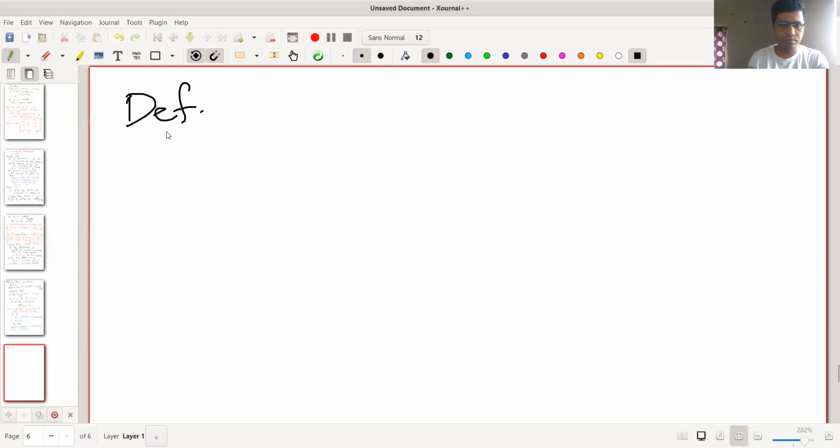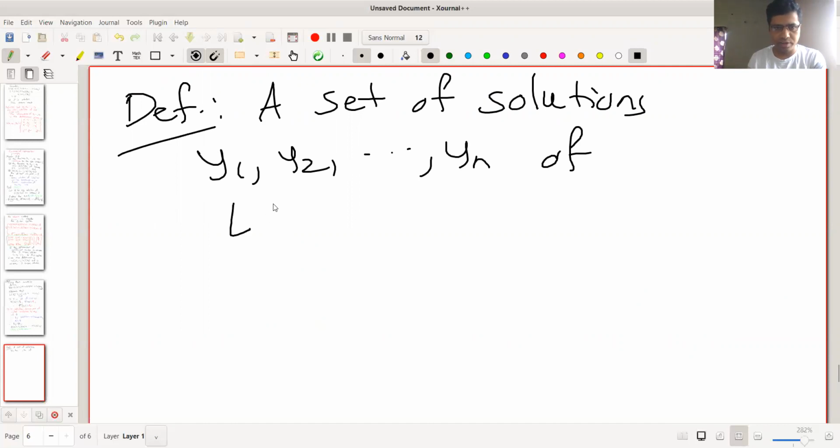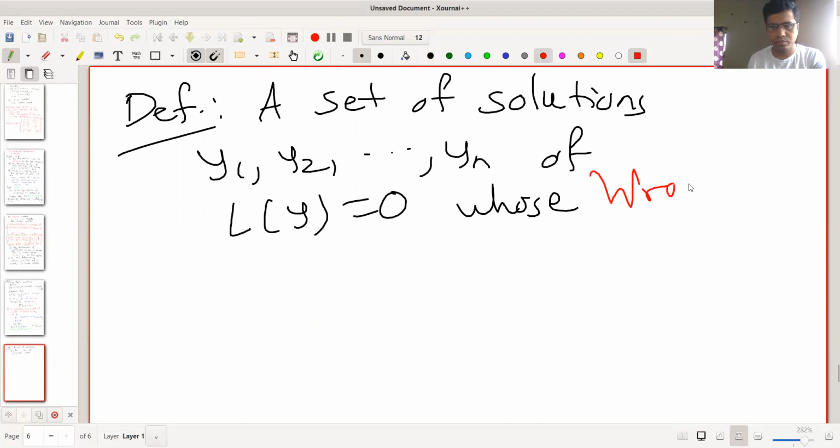Definition: a set of solutions y1, y2, and so on yn of L of y equal to 0, a homogeneous linear differential equation, whose Wronskian is non-zero. Non-zero means non-zero at some point.